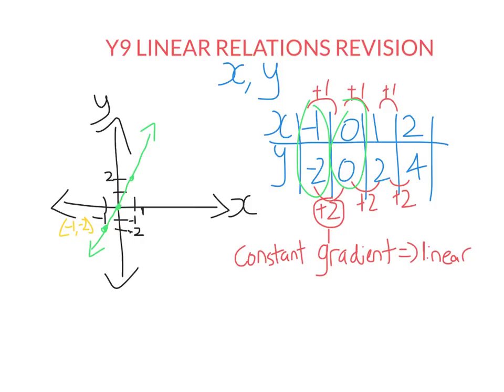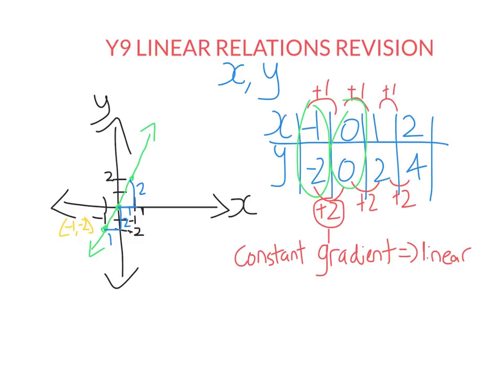Of course, during the test, your graphs will be a lot more accurate and a lot more beautiful. So this is the line that visually displays the relationship between x and y. You can see it is a straight line. That is why the relationship is linear. So it has a constant gradient. Each time x increases by 1, each time we go across 1, we're going up by 2. That's what makes it a linear relationship.